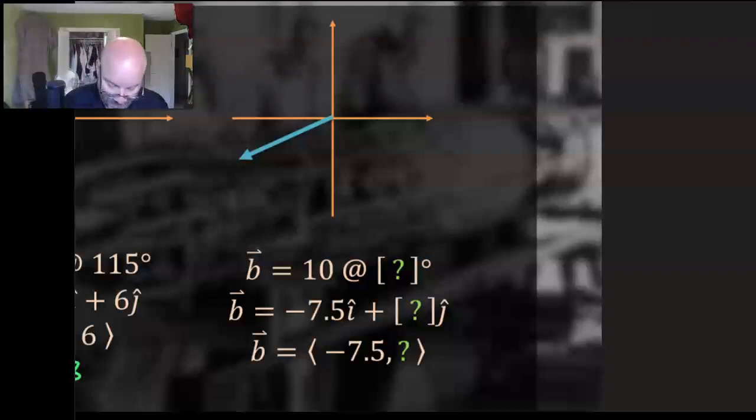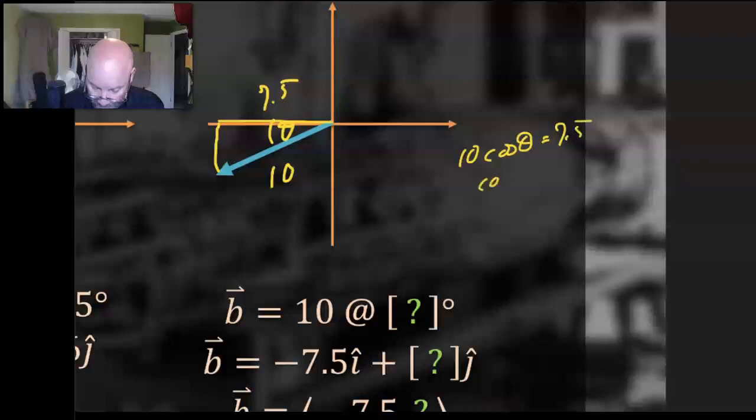Again, let's think about this as a triangle. We know this side is 10, and I know this side is 7.5, so I can use the cosine of my angle in here. We call this theta. So 10 times the cosine of theta equals 7.5, or cosine theta is 7.5 divided by 10.